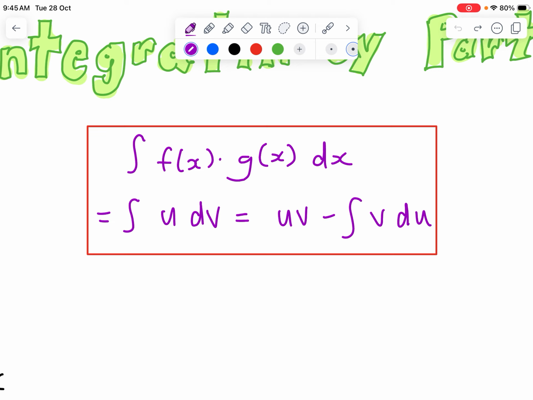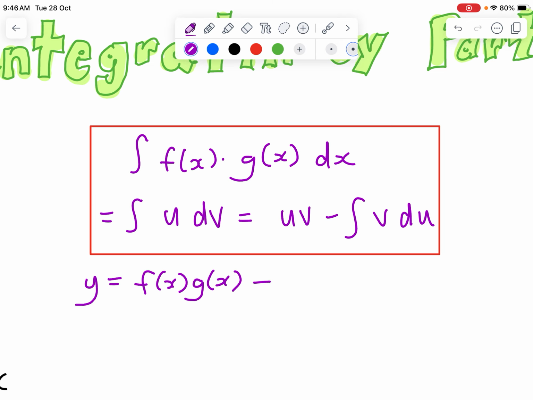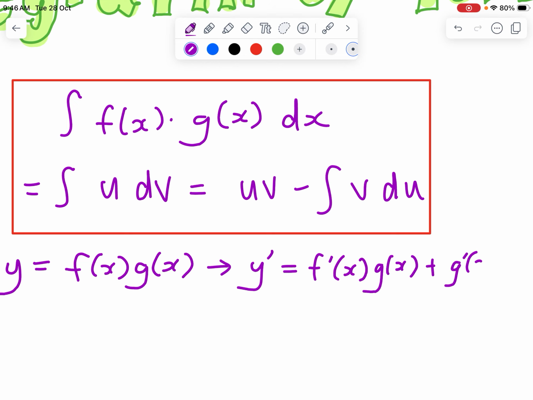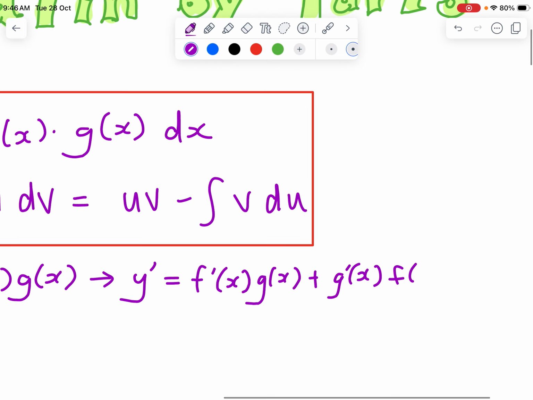So here we see that we're trying to integrate two functions that are multiplying each other. And this reminds us of something, right? It reminds us of when we try to derive a product. And remember, to get the derivative of a product, we have f of x times g of x. The derivative of that is f prime of x times g of x plus g prime of x times f of x.